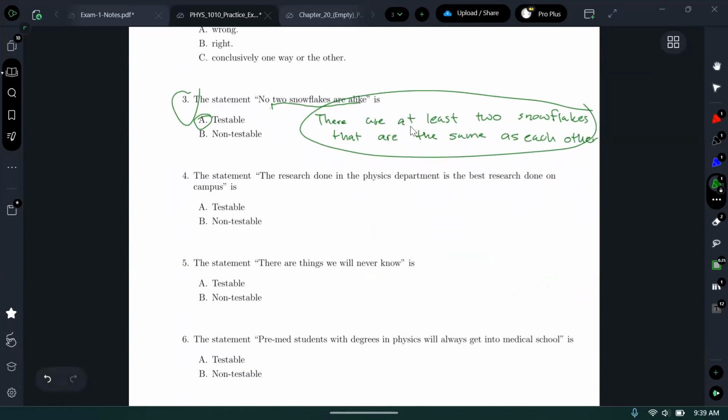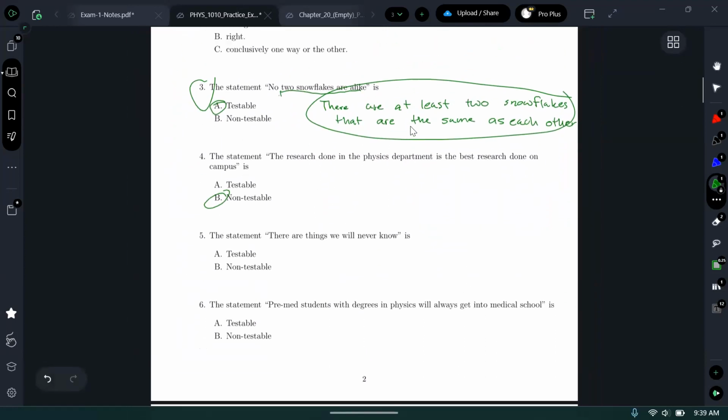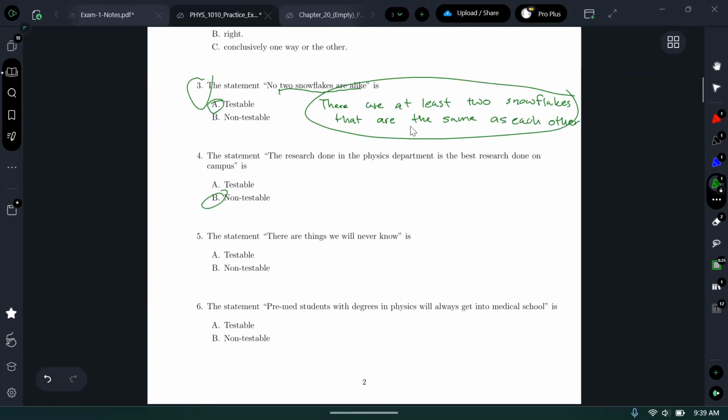What about this one? Research done in the physics department is the best research done on campus. Non-testable, because it's an opinion. Yep. I don't care how positive a light it shines on us. If it's an opinion, it's not testable. There are things we will never know.